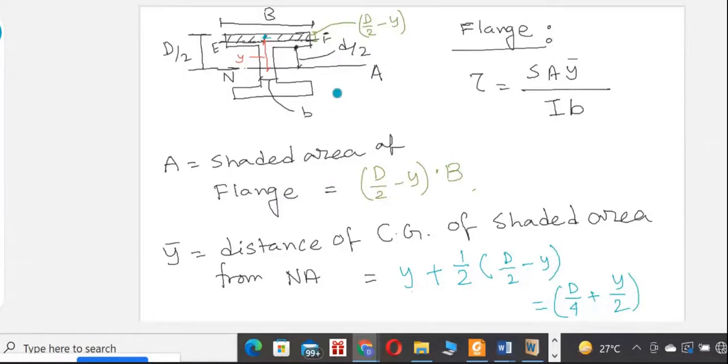Anyone? Sir, S by 2y into d square by 4 minus y square. Good. So what he has done is basically replaced this A and y bar with these expressions.